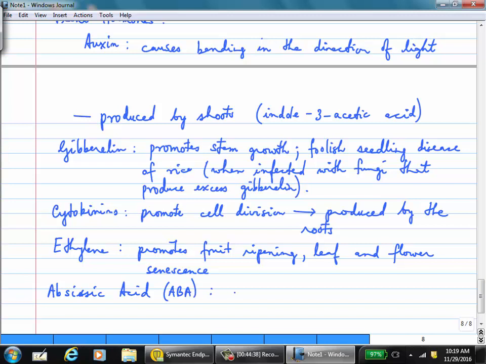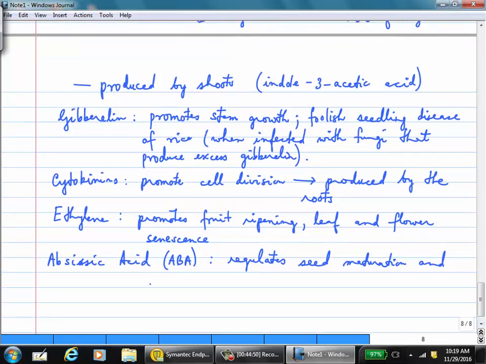This regulates seed maturation and stomatal closure in response to water stress.